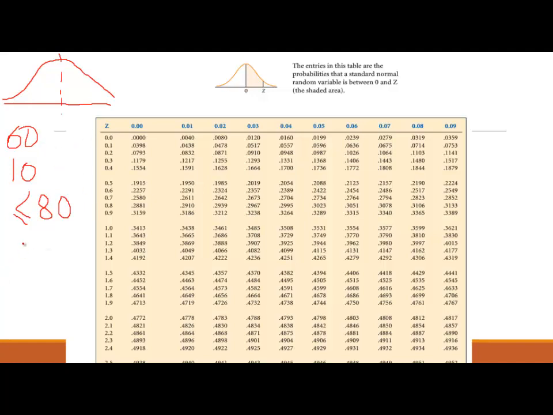The z-score is going to be 2. We are looking at 2 standard deviations over here. Except this time we are not looking at the right side. We are looking at the left side, the entire left side. Since the question says, what is the probability that they make less than $80,000? That covers all the people over here. So how are we going to get that?